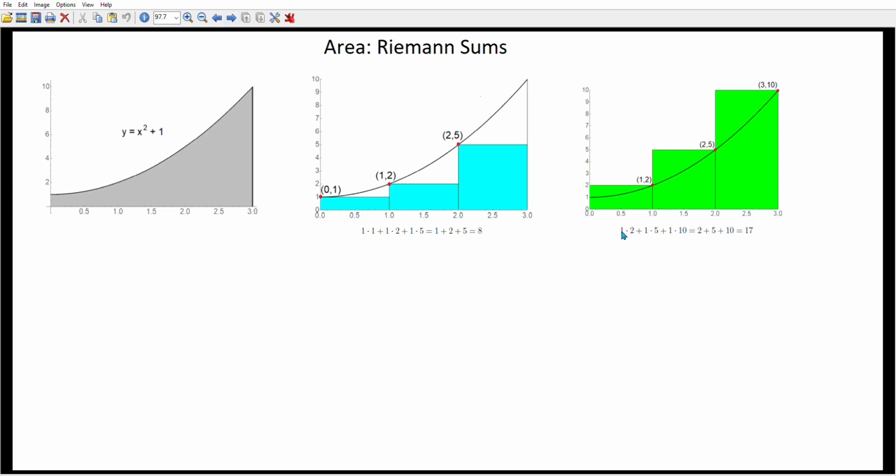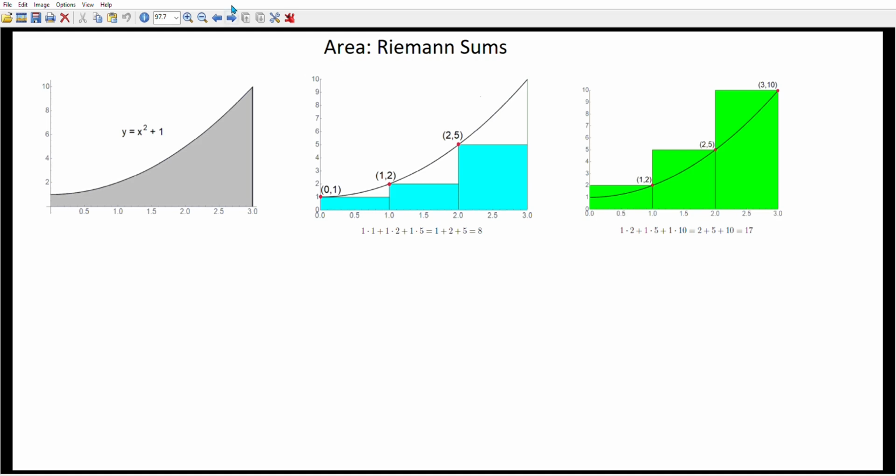Our estimate: 1 times 2, 1 times 5, 1 times 10, and 2 plus 5 plus 10 is 17. And this is too big, but what you can say for sure is the area, whatever it is, is somewhere between 8 and 17.